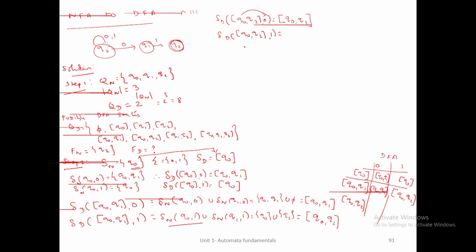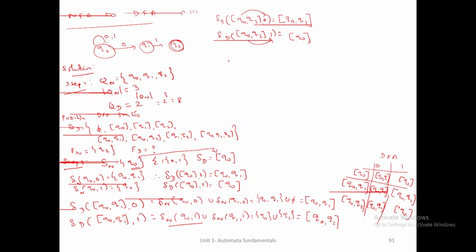So only this answer is available. And then you check here, Q0, 1 is Q0. Q2, 1 has no answer. So you write the resultant value. Here the answers are Q0, Q1 and Q0. These are all already available in the states, so it's not necessary to iterate the same notations. So this is the final DFA transition table.